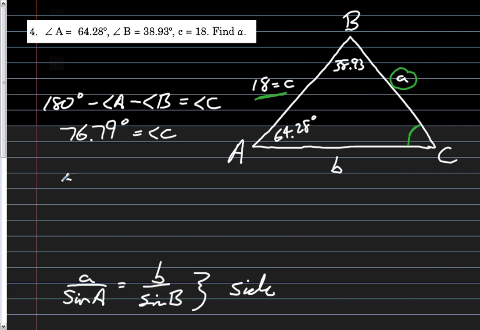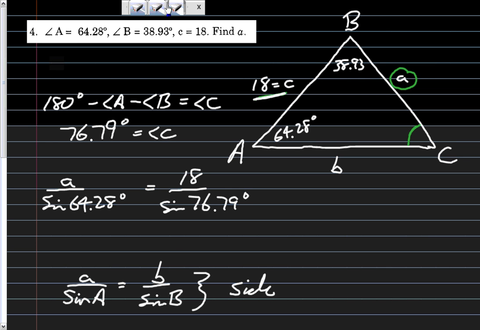I'm solving for side A, so I write A over the sine of 64.28 degrees, and that's going to equal, now in this case, I'm going to substitute 18 in for the side of C, over the sine of 76.79 degrees, like that.